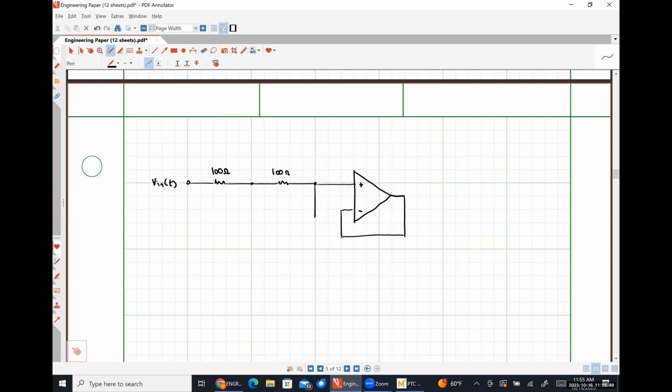From this node to ground, I'm going to have a 1 microfarad capacitor. And then feeding back from this node to our output node, I'm going to have another 1 microfarad capacitor. And then the output node of my op amp is where my output voltage is going to be taken.